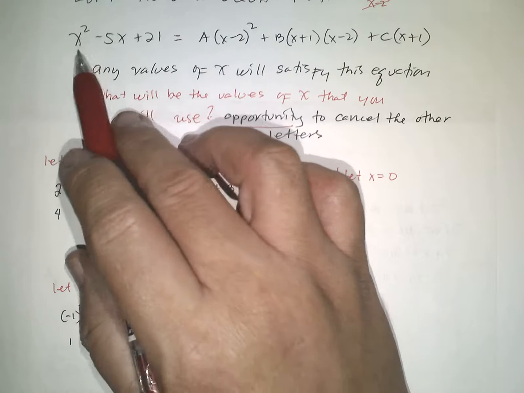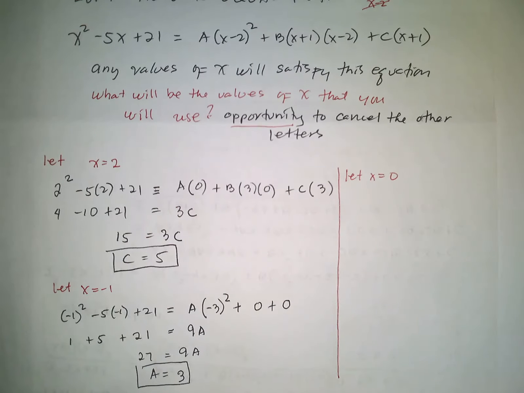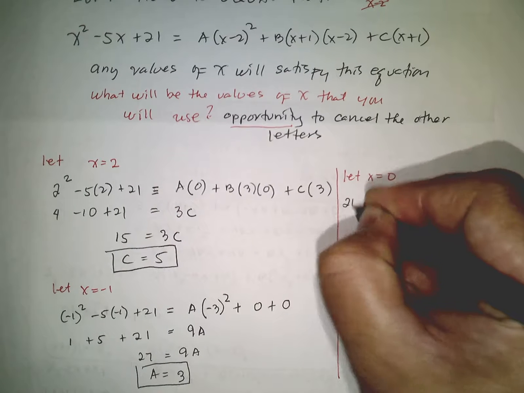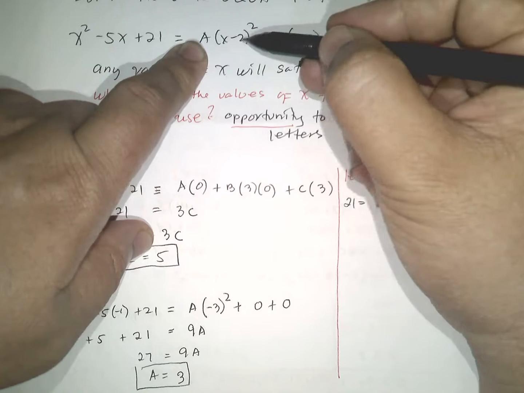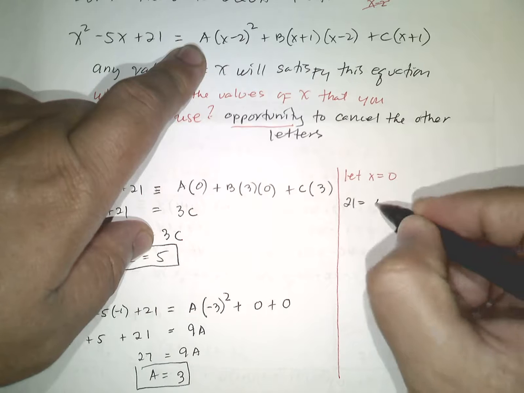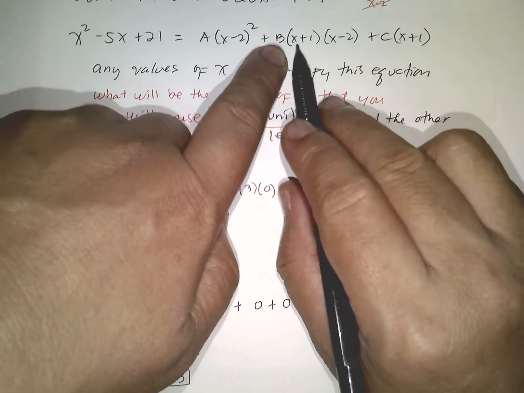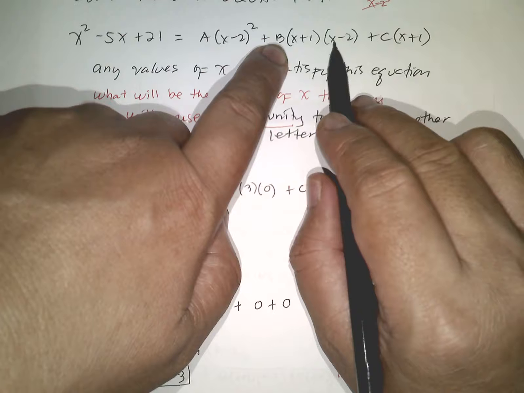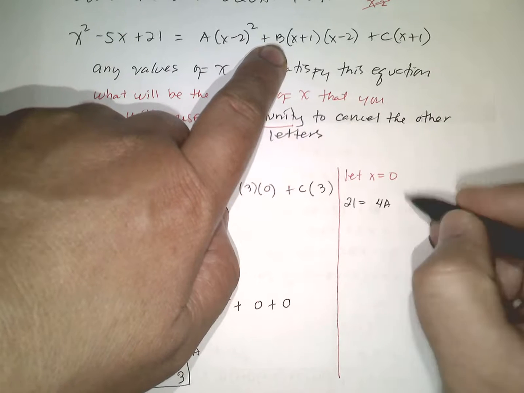So if x is 0, that is 0, that is 0, that is 21. So 21 is equal to, if that is 0, so this is -2 squared times a is 4a. If that is 0, so that is now 1b. If that is 0 times -2, 1b times -2 is -2b.